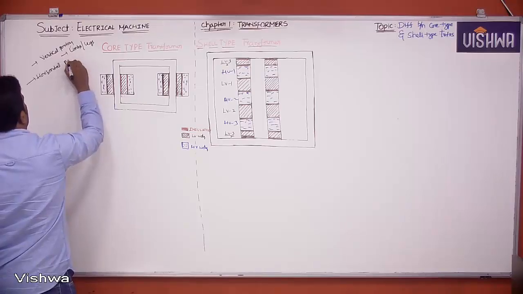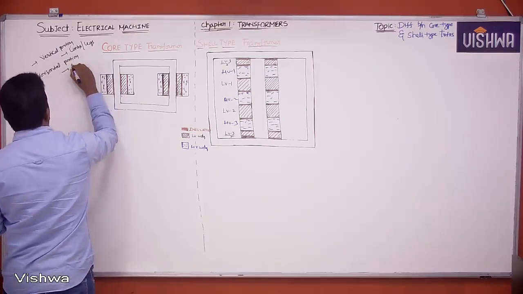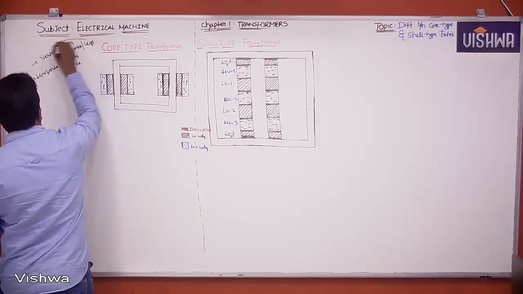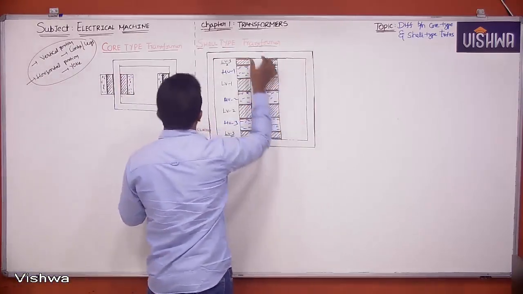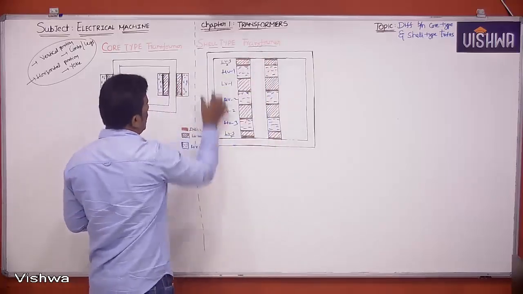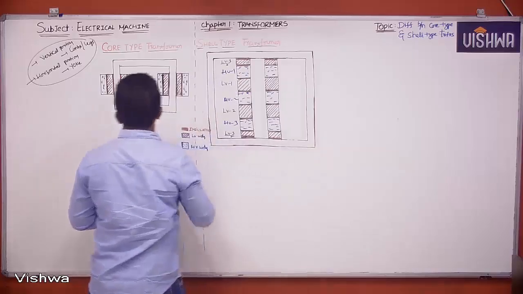Horizontal portions can be called as yoke.